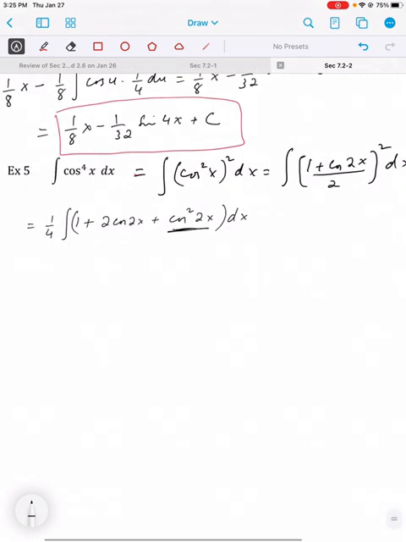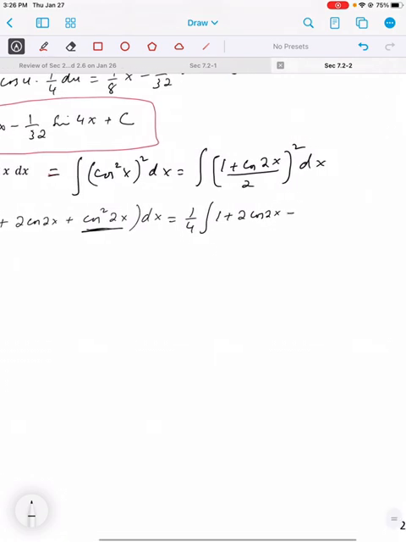So I will have 1 over 4 integral of 1 plus 2 cosine of 2x plus, cosine square of 2x will be 1/2 plus 1/2 times cosine of 4x dx.